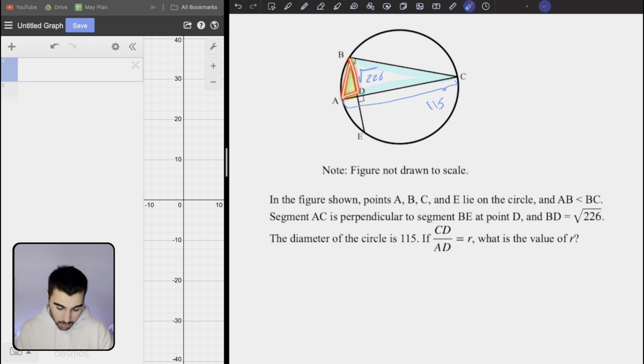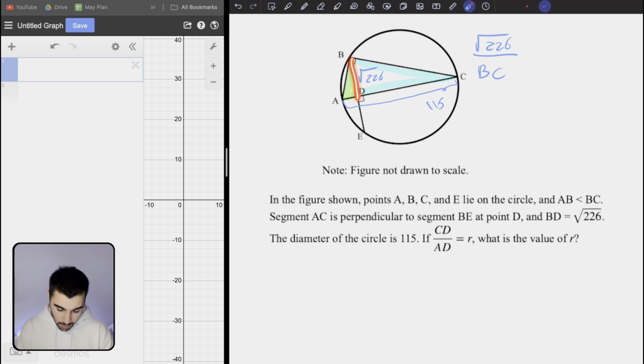Okay, so now I have the longer side here. What is the longer side in the large triangle? It's right here, right? So that is proportional with this. So I will write root 226 over BC.